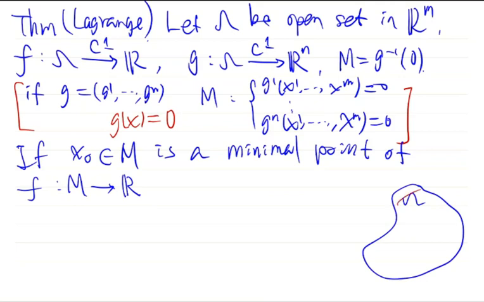Omega is the domain enclosed by this curve, and M is a curve in this picture.